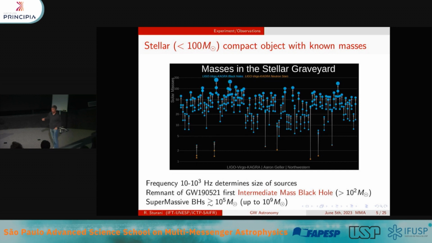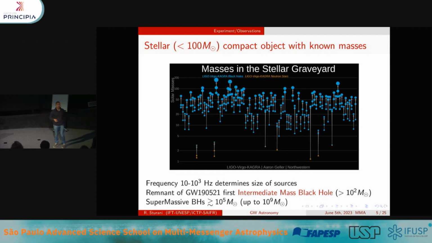On the other hand, after this gap between 10 to the 2 and 10 to the 5-ish, we know supermassive black holes are really popular these days, no? The Event Horizon Telescope actually took the picture of a supermassive black hole of 10 to the 9. In the center of our galaxy, there is a supermassive black hole of 10 to the 6. So supermassive black holes at the center of galaxies are not a surprise anymore.